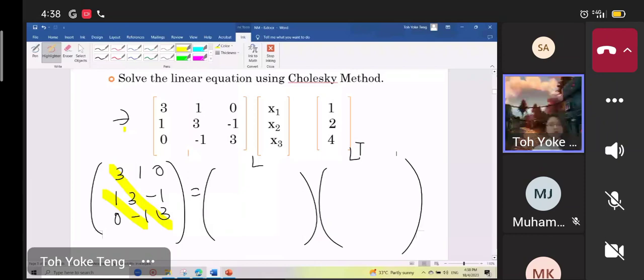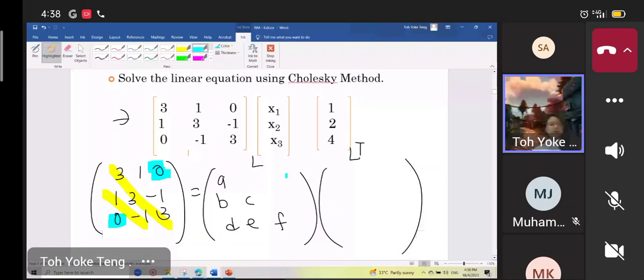So I write A, B, C, D, E, F. Since this one is tridiagonal, you may just substitute it: this part is 0, and the same goes here, this part is 0.